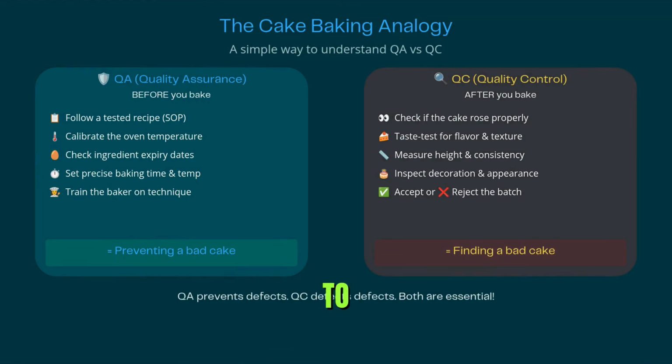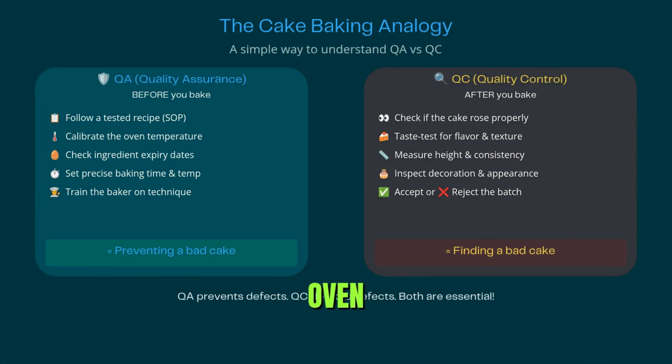Now, let us take you to having an analogy to better understand quality assurance versus quality control. We're going to take the format of baking a cake. So, in terms of quality assurance, if you want to bake your cake, the quality assurance makes sure before you bake your cake, you follow a tested recipe, which in this case is going to be called the standard operating procedure.